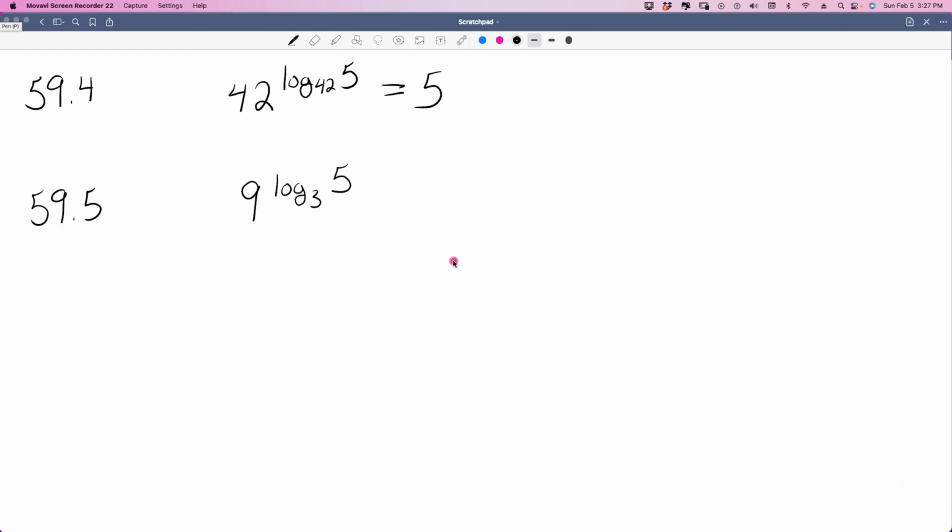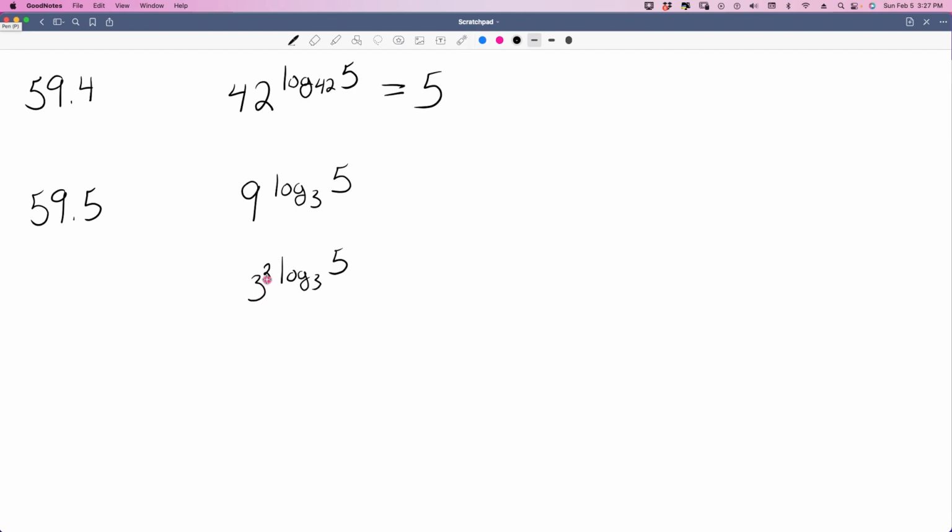All right, 59.5 is a little bit trickier because we do not have the same base. So what we need to do is rewrite it with the same base. And we know that 9 can have a base of 3 if we give it an exponent of 2. So we would rewrite that as 3 to the second power with a log of 3 gives us 5.